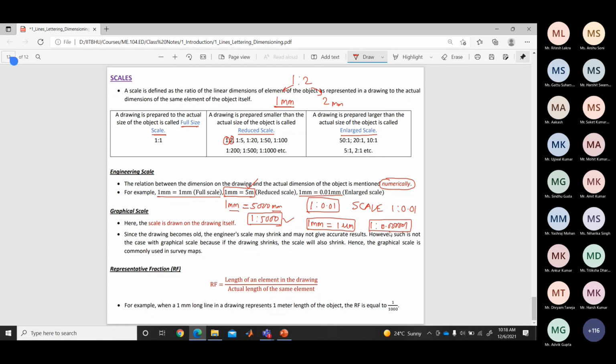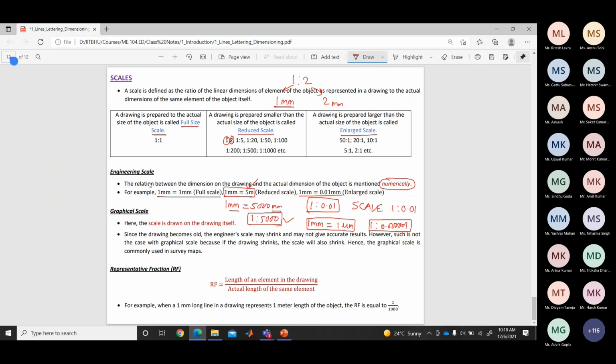All right, so this is the enlarged scale. Now we are just mentioning it numerically, so that is why it is called engineering scale.